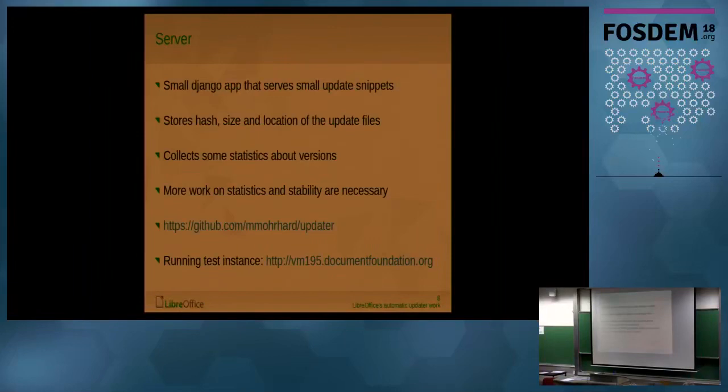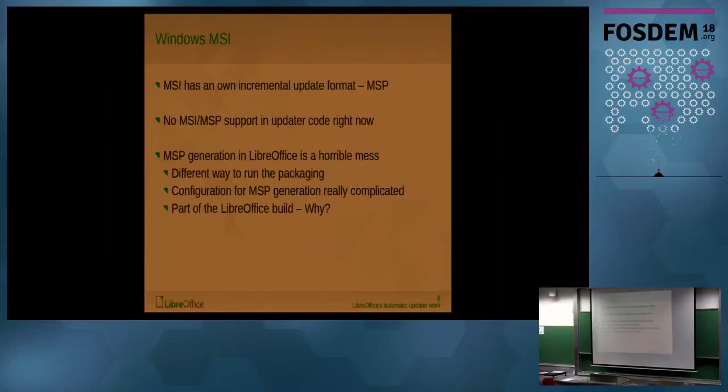I mentioned that Mozilla is not using MSI files for their installations. So the whole update code from Mozilla does not handle MSI installations, MSP patch updates. That's something that I need to patch into that code. And a huge problem is MSP generation in LibreOffice.